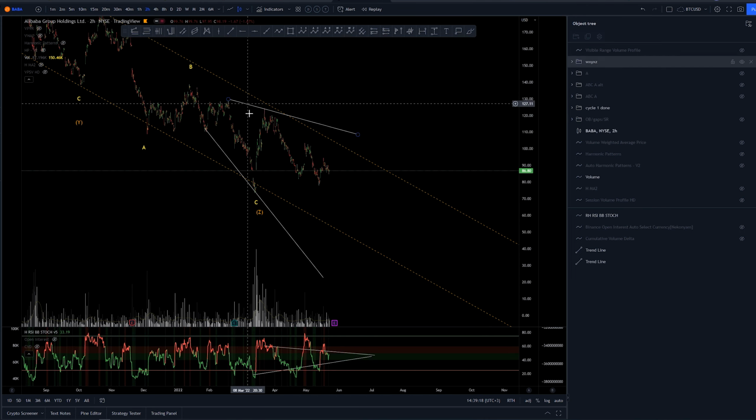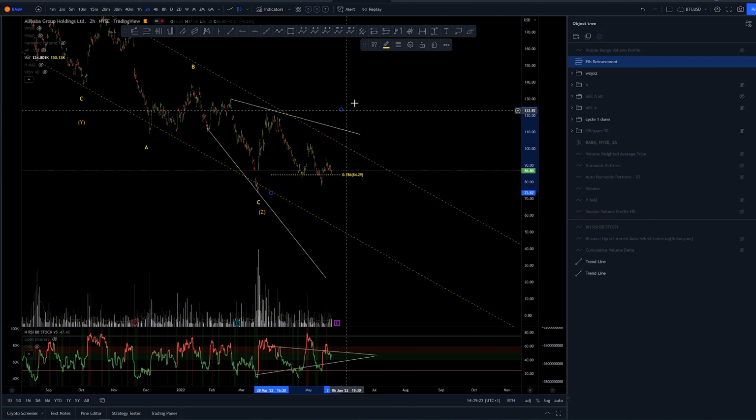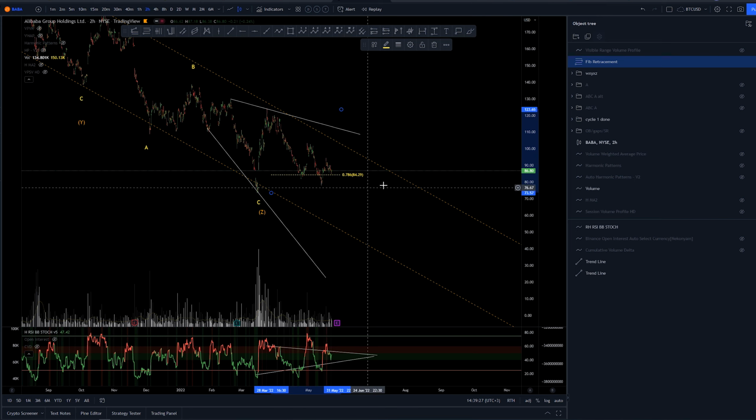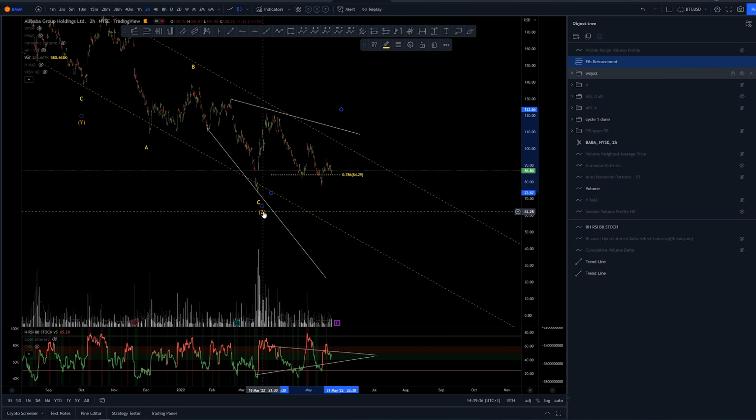But if we ignore the volume here, as we have already retraced through the 618 here and even below the 786, it is more likely for this to be just a bearish scenario playing out, and this is indeed not ending here.